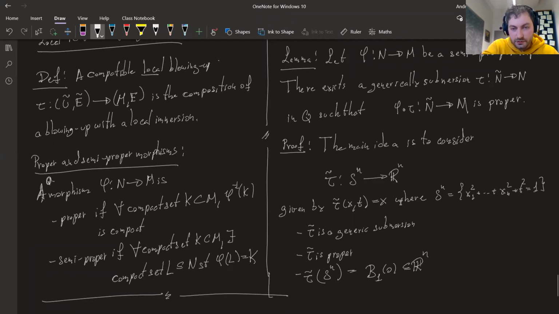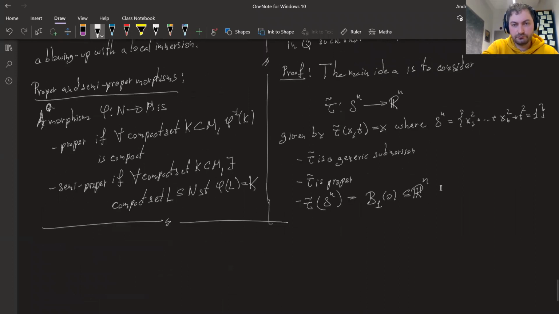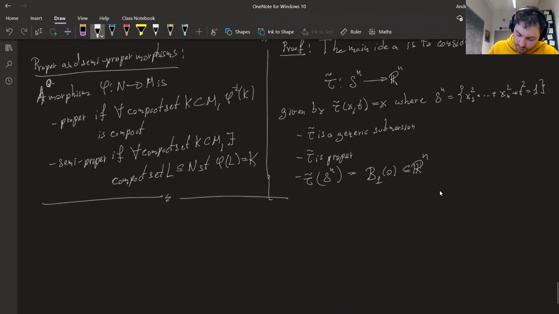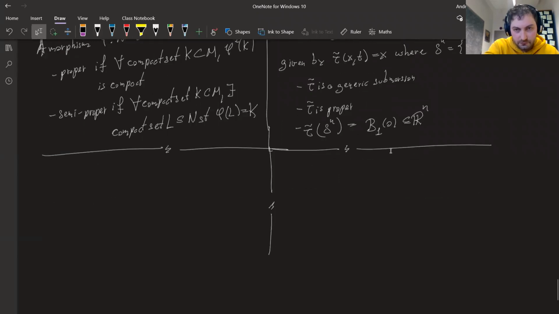So the main idea is this one. So what are we going to do? This is going to give us some intuition about what semi-proper means.